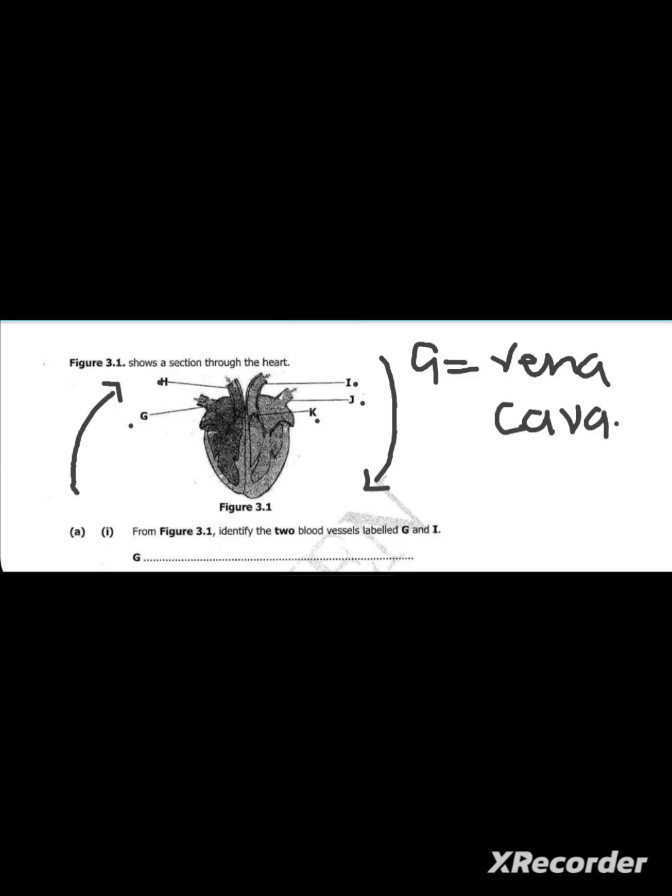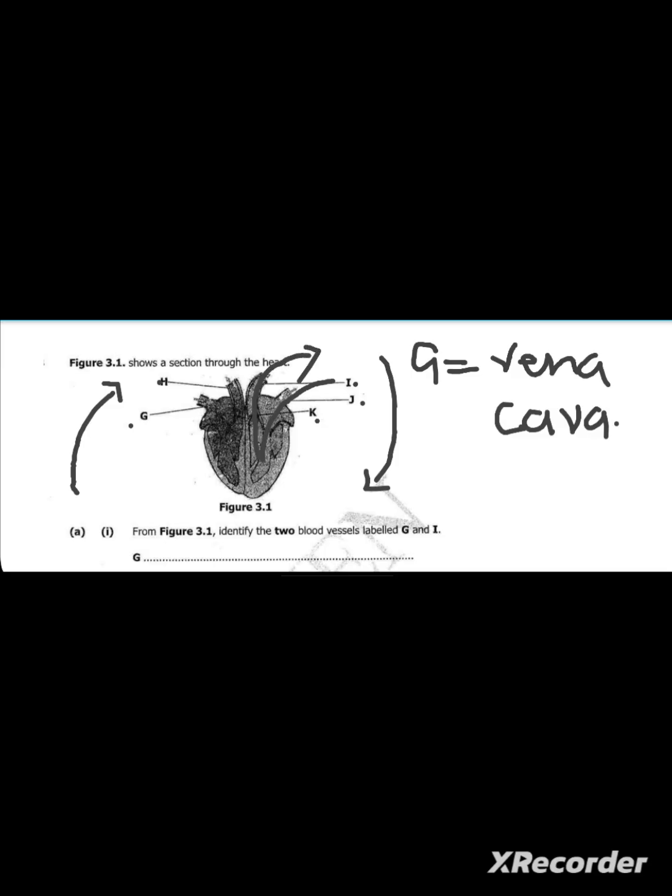Then I've got I. When the blood enters the left atrium, then goes to the left ventricle, it has to be pumped to the rest of the body.